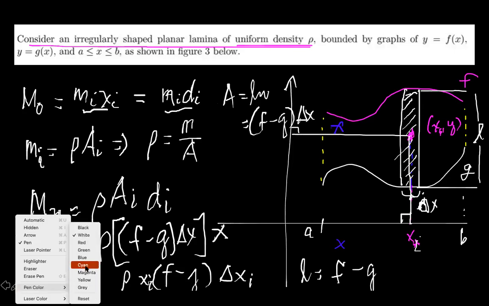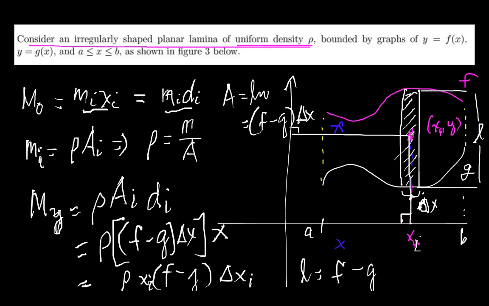So let's use another color. So here, this point, and let's say, guys, this point is the center of mass of the given rectangular representative, okay? So how do we find the point here, or what's the distance of this point here?